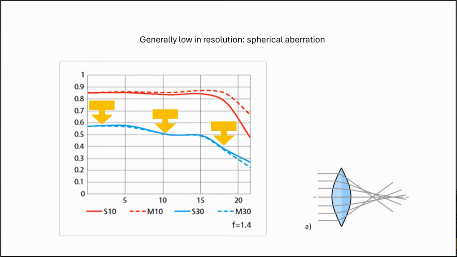That might be caused by spherical aberrations that affect the whole image circle. Spherical aberrations are a phenomenon caused by the inability of the lens to focus light that comes through the center of the lens and from the periphery of the lens at the same distance on the focal plane.